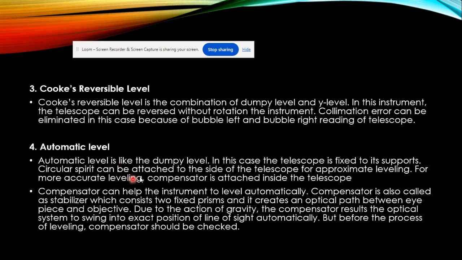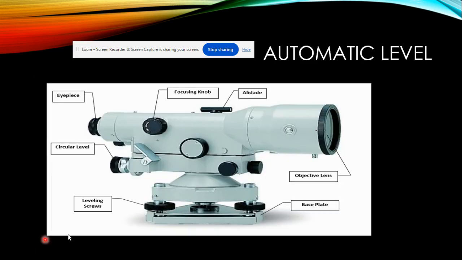So in our next slide, here's a diagram of how an automatic level looks like. And as you can see from the features, it looks exactly like the dumpy level. This is the objective lens, the eyepiece, the area where the circular bubble is, and then the circular level, the leveling screws. But the difference is where the circular level is.